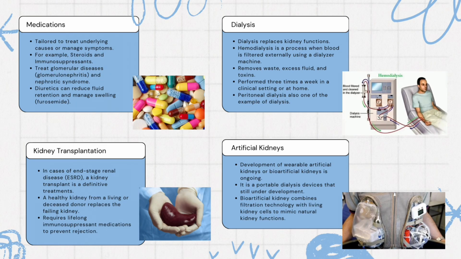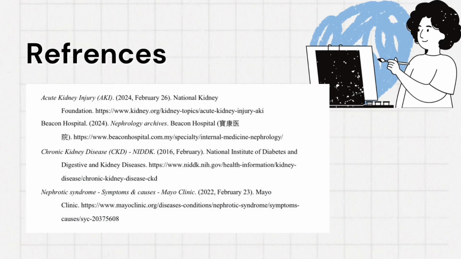A wearable artificial kidney is a portable dialysis device that is still under development for greater convenience. A bioartificial kidney combines filtration technology with living kidney cells to mimic natural kidney functions.